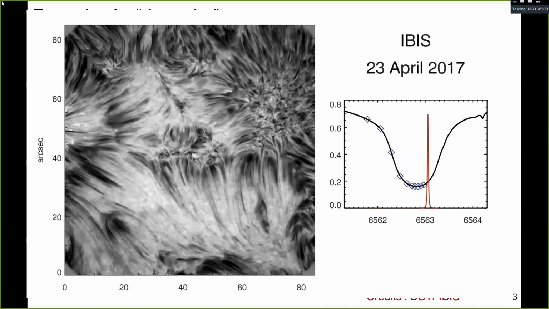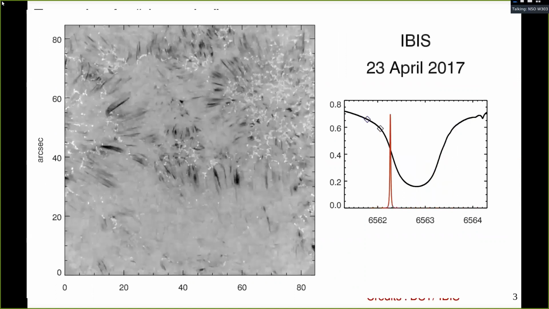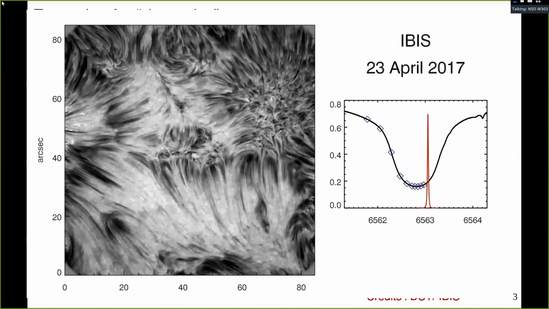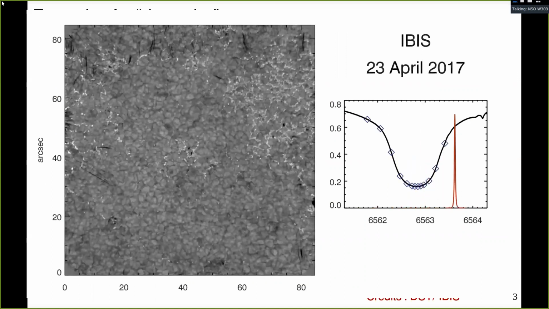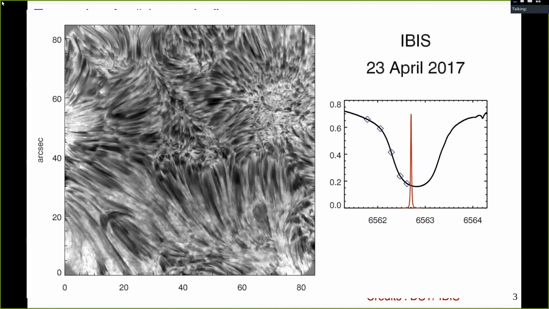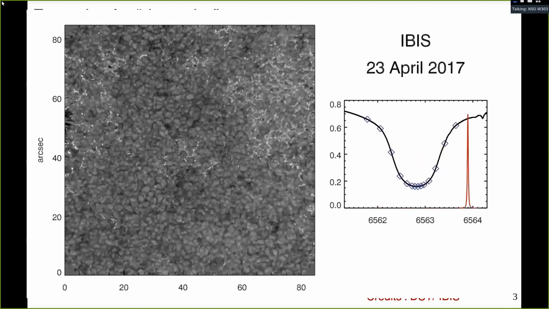And if you look at the core of the spectral line, it's very, very nicely and finely sampled. So the difference here between, I don't know, Kevin, do you remember how fine is the sampling in the line core? Probably less than 100 milliangstroms. So tens of milliangstroms, right? So this is something very, very fine.